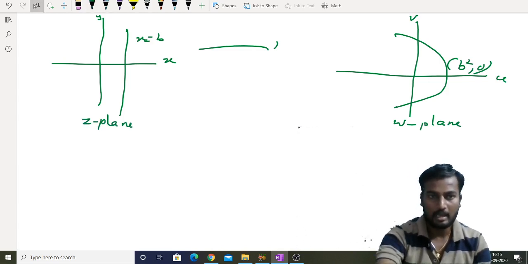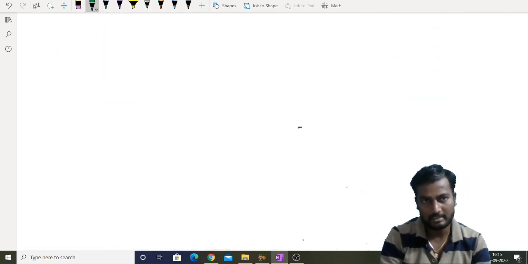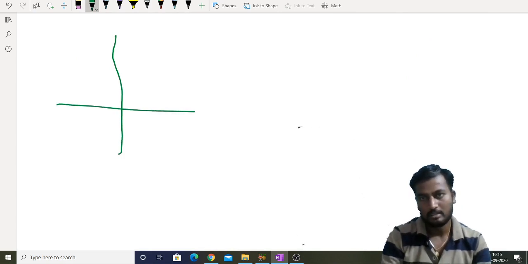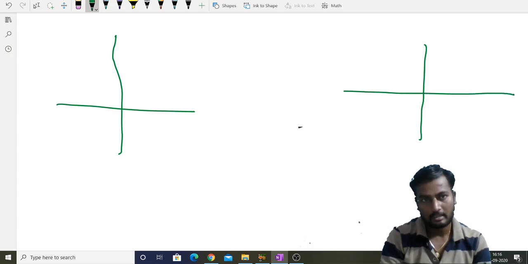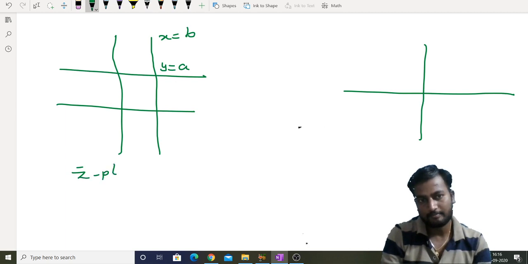You can add these two cases in one figure. That means, see, this is our z plane, and this is our w plane. When a line is parallel to the y axis, that is x equal to b, and when a line is parallel to the x axis, it is y equal to a. This is your z plane, x, y.